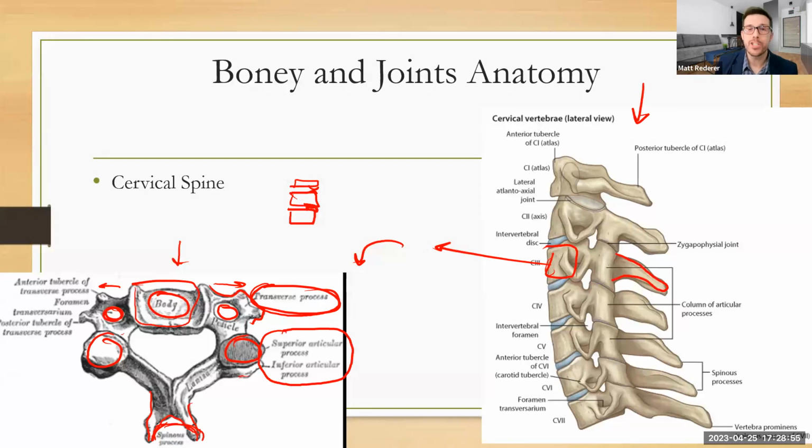When we go through the entire spine, every vertebrae, no matter where you are between the cervical and the lumbar spine, all have a body, a transverse process, a superior inferior articulating process, and a spinous process. They all have these. So you don't need to reinvent your way of thinking when it comes to this.